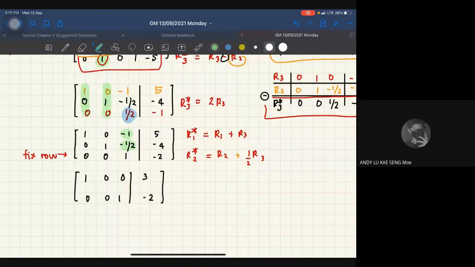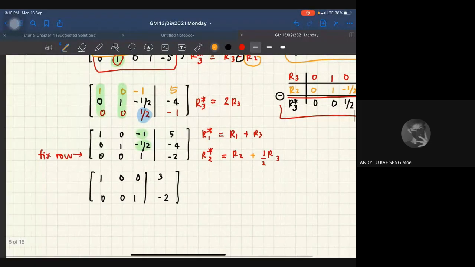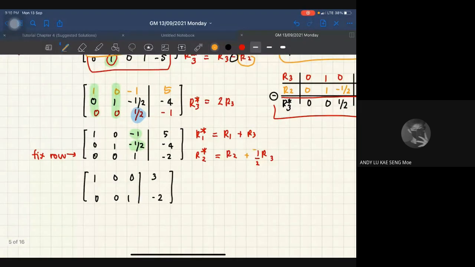Alright, and then for the second row is row 2 tambah 1/2 row 3. Okay, so satu lagi cara awak boleh buat is this one kan 1/2 kan. So awak akan darabkan semua row 3 awak dengan 1/2. Okay, so awak tulis dekat sini. So this one darab 1/2 awak dapat 0.